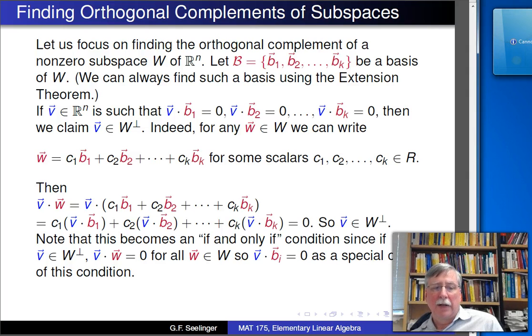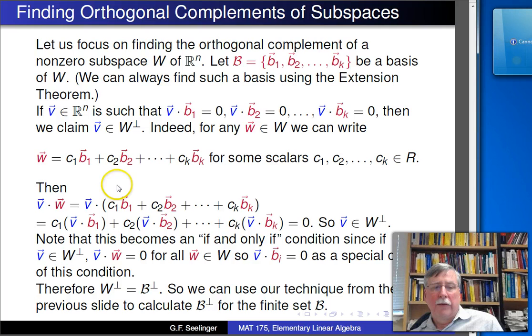And this becomes an if and only if condition in a trivial way, because if this is true for all vectors in W, and basis elements are in W, it's got to be true for all the basis elements. And so therefore, W perp is the same thing as the perp of the basis, and we can use this technique to calculate B perp for any finite set.